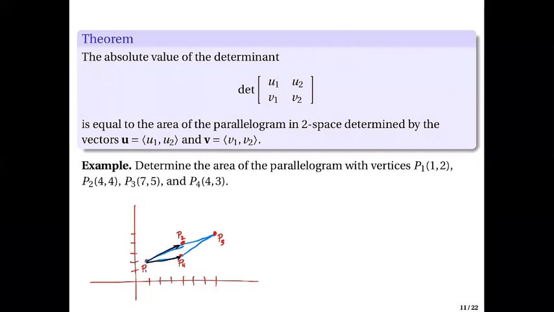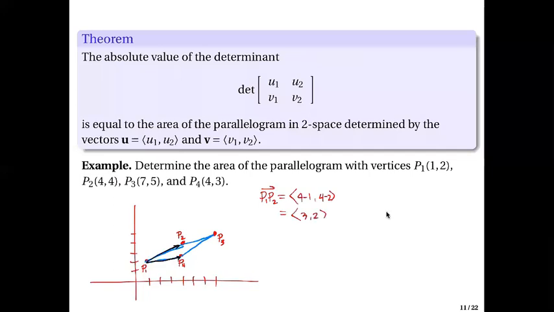So it means we need the vector P1P2. So 4 minus 1, comma 4 minus 2. And this is the vector 3, comma 2.